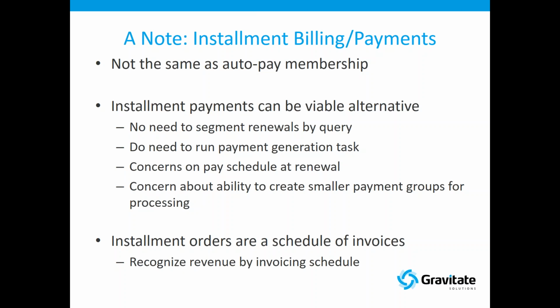The renewal process will create the pro forma invoice just like all the others. And then you would need to separately run the process to actually go and charge the credit cards and apply it to that invoice. And so if you have other installment payments, it would get caught up in that, and that can be helpful because then it's cutting down on the processes that you have.